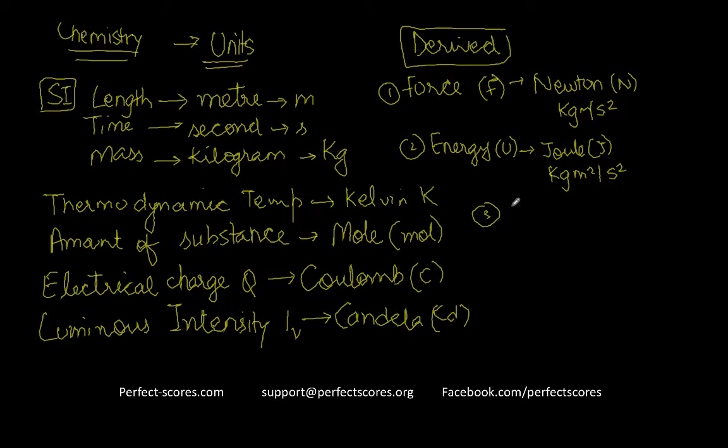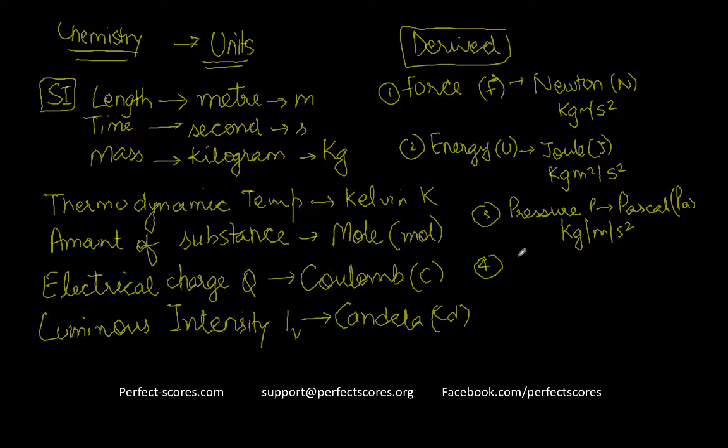The third derived unit is pressure, which is P, represented by the derived unit of Pascal, Pa. In terms of SI units, it is equal to kg per meter per second square.